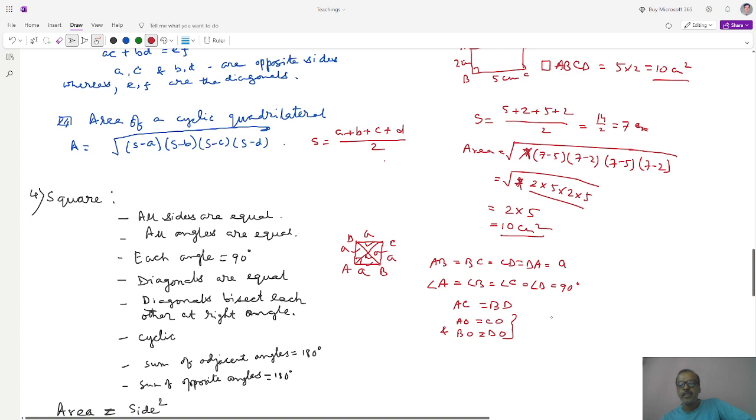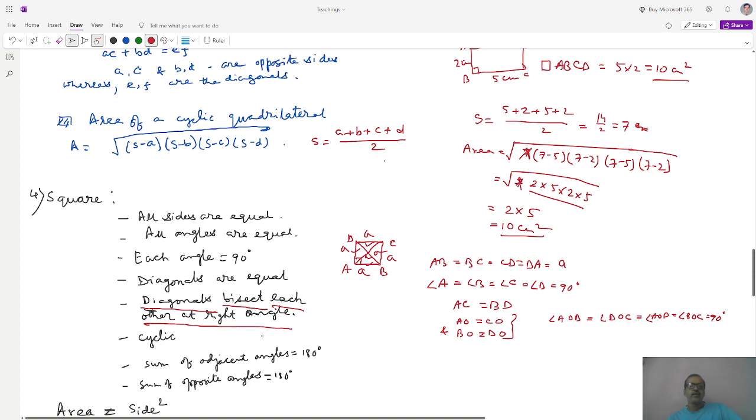That is, angle AOB equals angle DOC equals angle AOD equals angle BOC equals 90 degrees. In a statement, it can be stated as: diagonals of a square bisect each other at right angles.